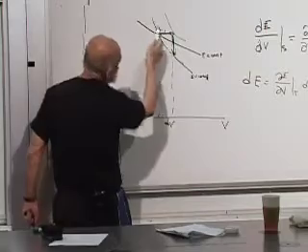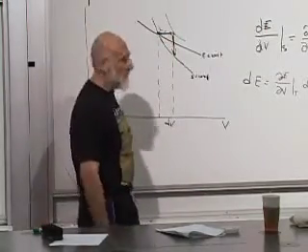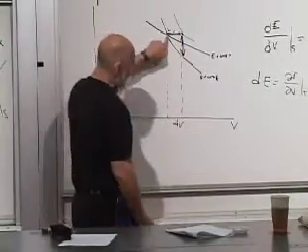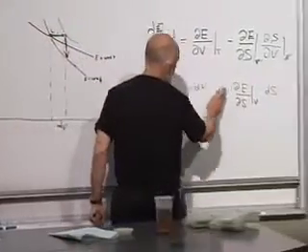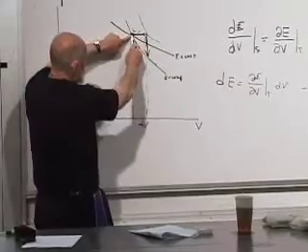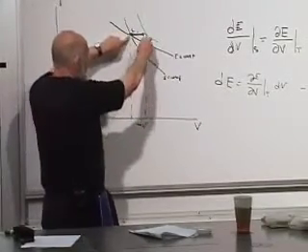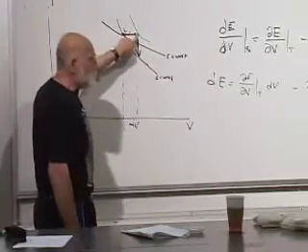But that's minus the change in entropy of going from here to here. That's where the minus sign comes from. This dS is the change in entropy in going from this point to that point, which is minus the change in entropy of going from that point to that point. Okay, what's the change in entropy of going from here to here?